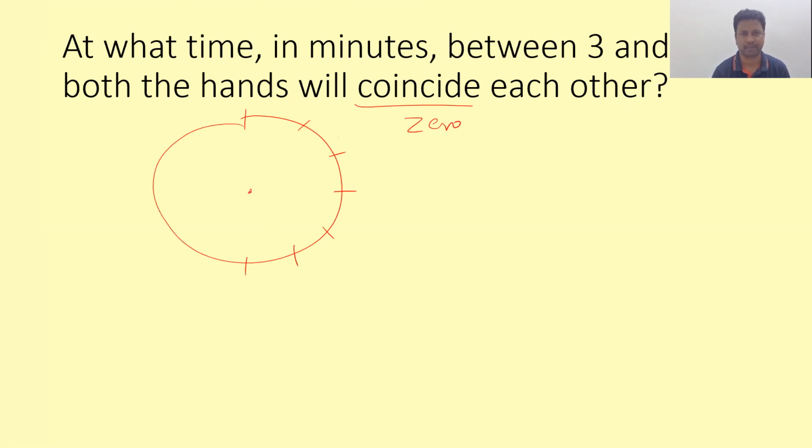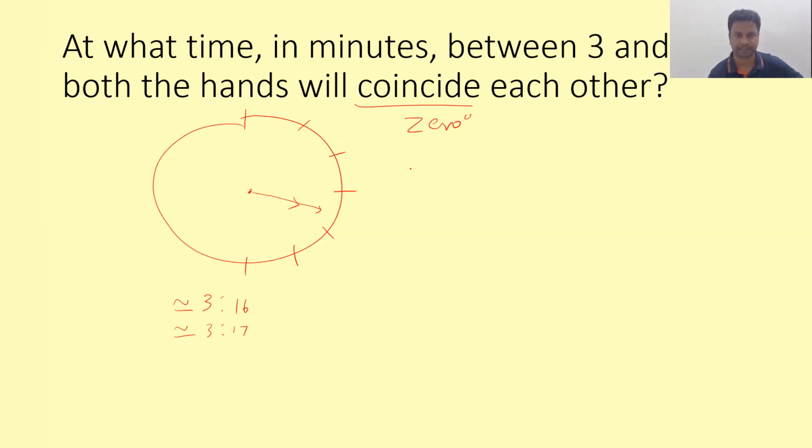Approximately, I can say it will be 3:16 or 3:17, I'm not sure. But we are going to find the exact time. The degree is given, and we are going to find the answer.